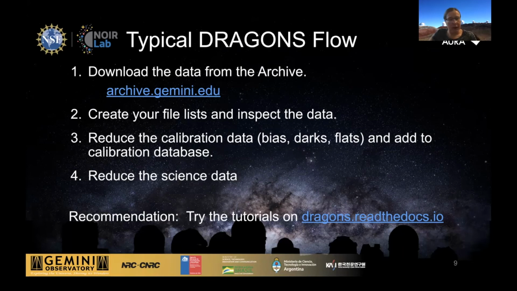Once everything is ready, looks good, then you can start reducing your calibration data. So bias, the master bias, the master dark, master flat, and add those processed calibrations to the calibration database. Reduce will look in that database to find whichever calibration it needs. And finally, you're ready to reduce the data.